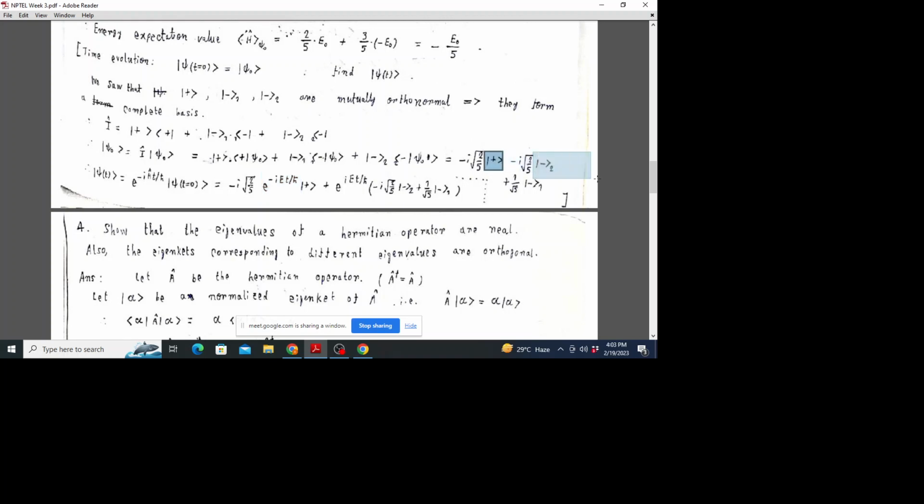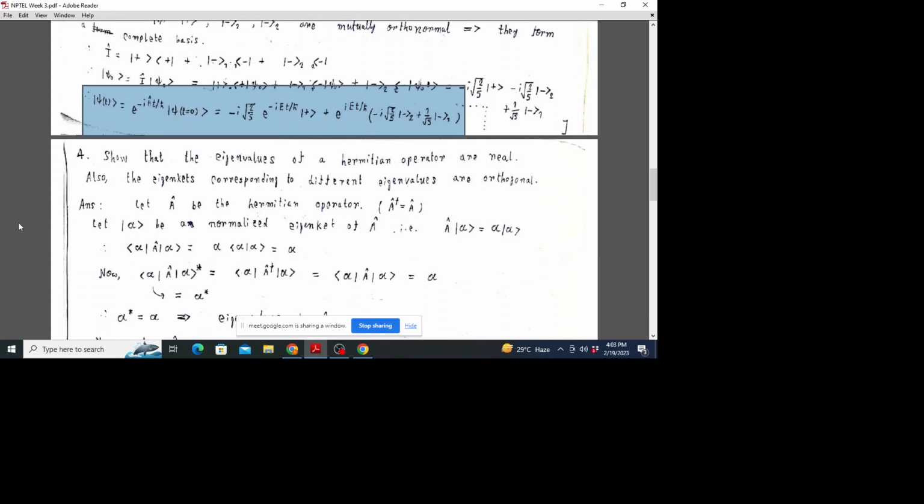Similarly for the minus component, the eigenvectors will remain the same, but the eigenvalue will be e to the power minus i multiplied by minus E naught t by h cut, and that gives e to the power i E naught t by h cut. So this is your final result of time evolution of the given initial state.